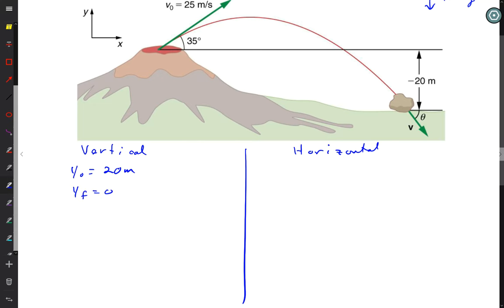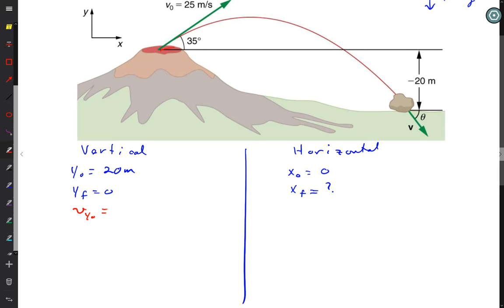For the horizontal, there's our position information. Now let's go to the speed. So now I put y0 instead of 0y. The initial speed in the y direction is equal to, and how do I break the velocity vector into its components? I use sine and cosine.